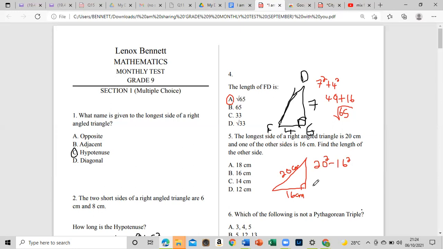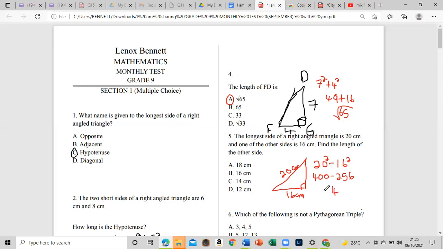Alright. So this would be 400 minus 256, right? So we're going to subtract 256. 400 minus that, 4.